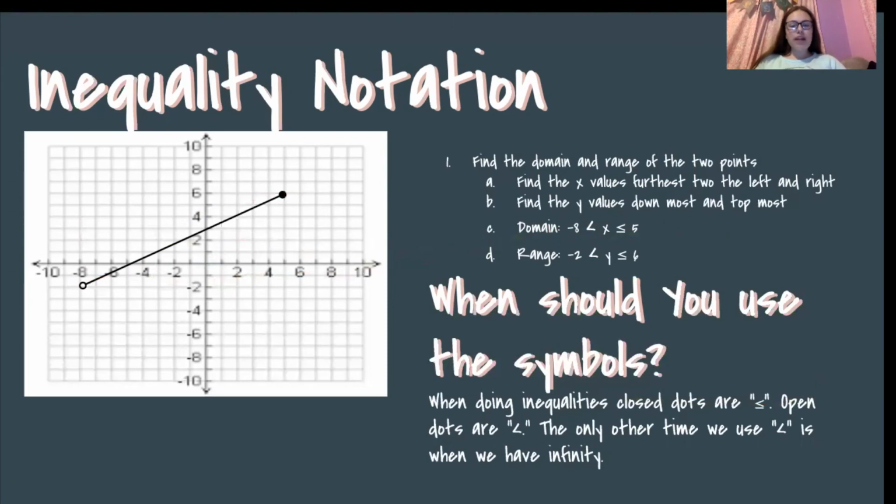And then same for the range, the y value on the downmost, make sure you do bottom first, is -2, and because it's an open circle again, it's a less than symbol. And then it's less than or equal to for 6 up here. You might be confused why there's an x and y value. As you know, range is y and domain is x, and this is just how it's set up.